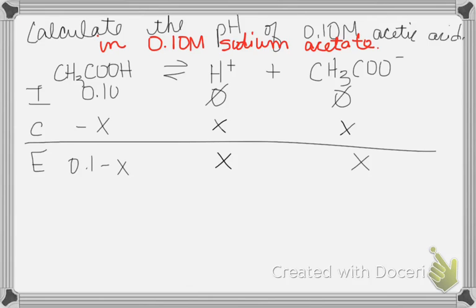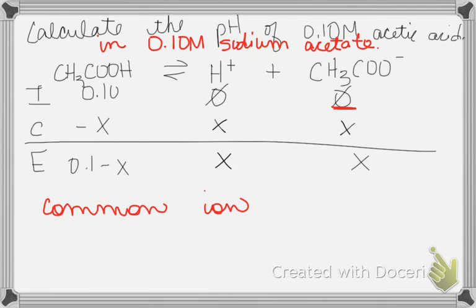When I add that information to the problem, what it actually does is it changes the setup of that ice table. No longer am I starting out with 0 acetate, because now I'm putting acetic acid in a solution of sodium acetate. So do you see that acetate in this example would be a common ion?